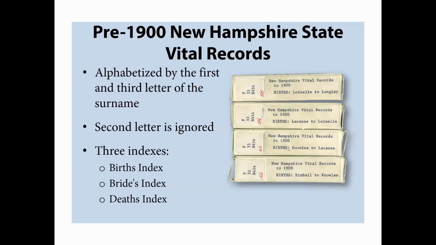It's not always though. And then you have these different ranges, which you can see on the right-hand side, how you can find names within the K and Ls. And these indexes apply specifically to births, deaths, and a bride's index. There actually is a separate groom's index, but it doesn't fall within the same alphabetization that we find.